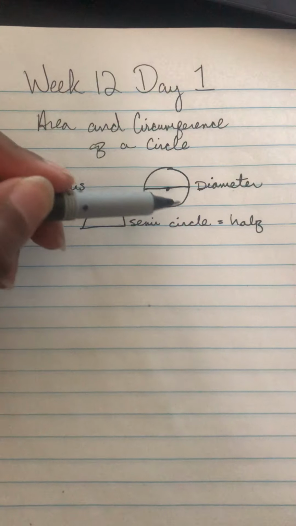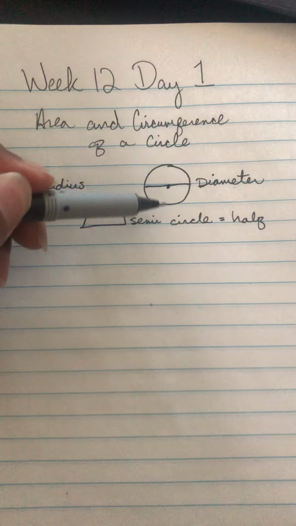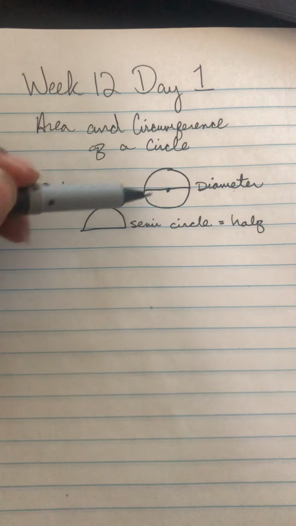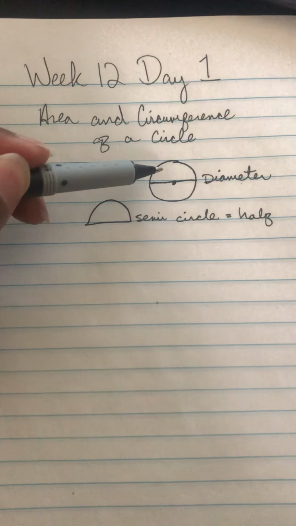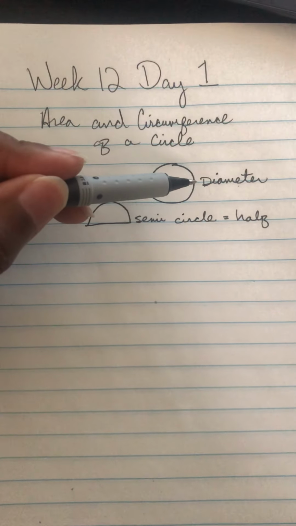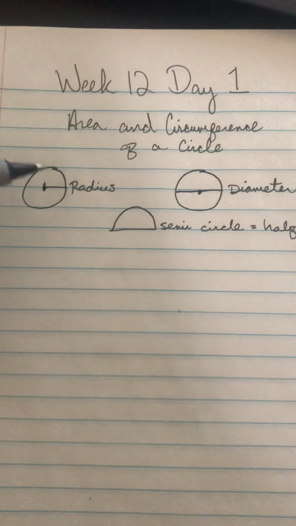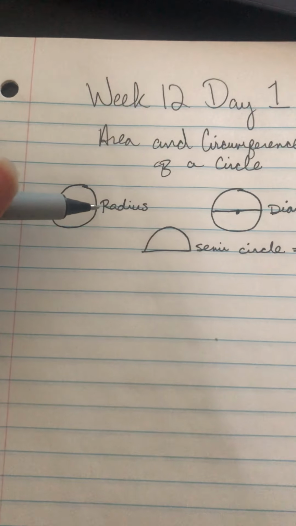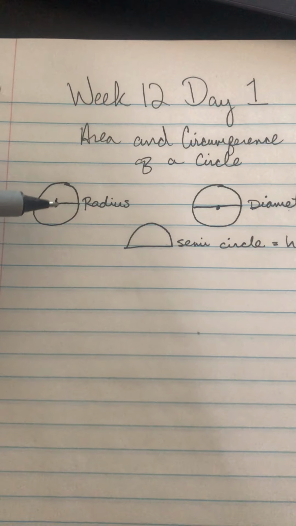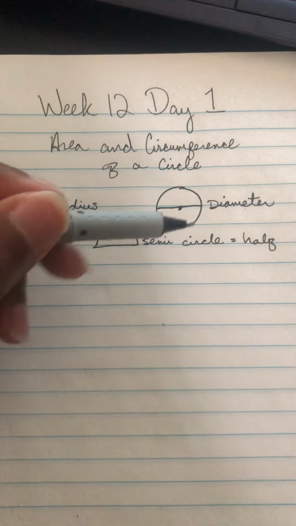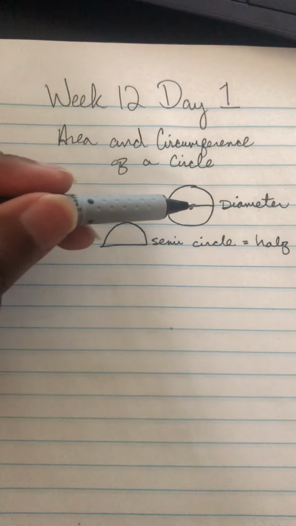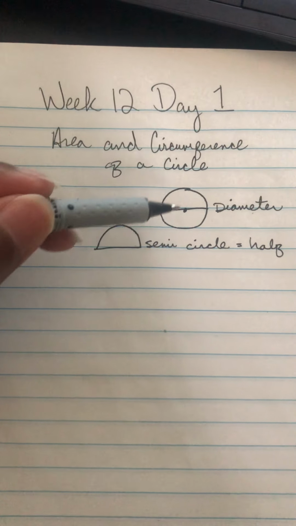It doesn't matter where it is, it can extend either way from the center all the way through from end to end. So the diameter goes all the way across. You have to be mindful of what you're looking at. The radius is always half of the diameter, and the diameter is double or twice the radius.